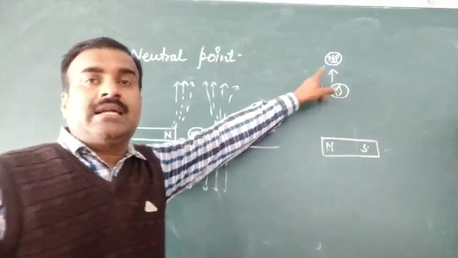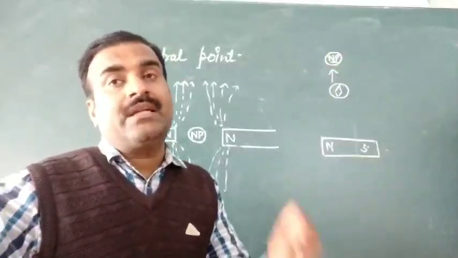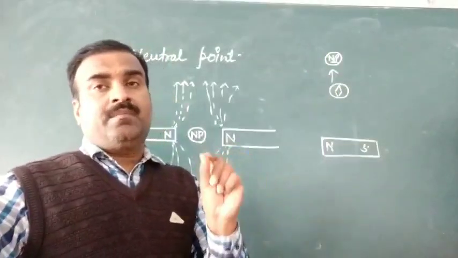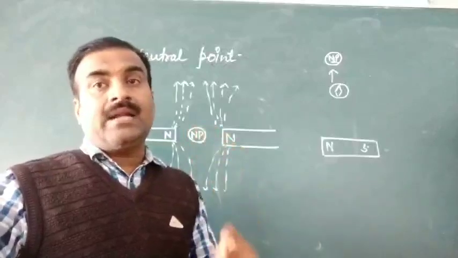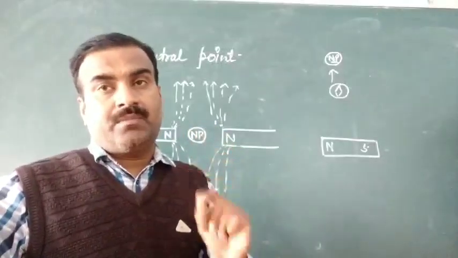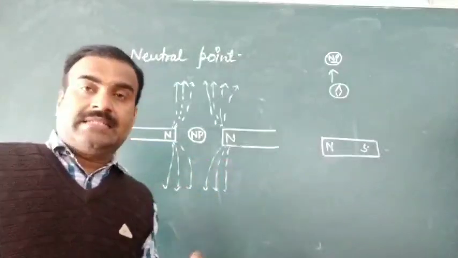But at a certain point, no deflection will be shown by the magnetic needle, and that point is known as the neutral point. Again, listen.